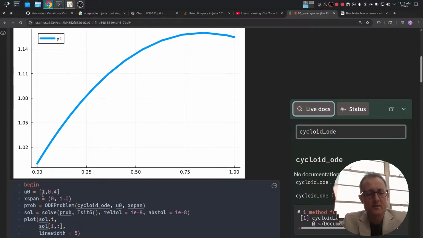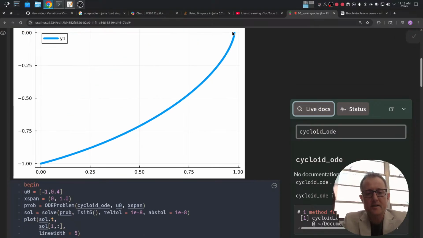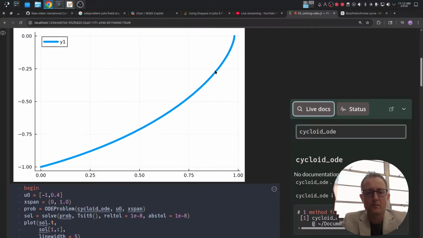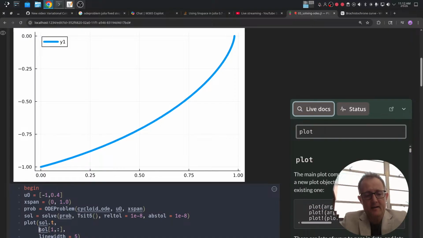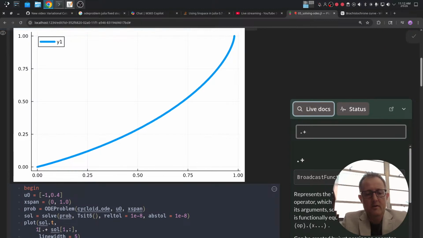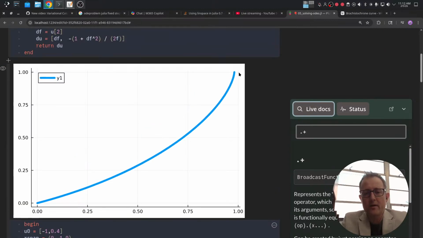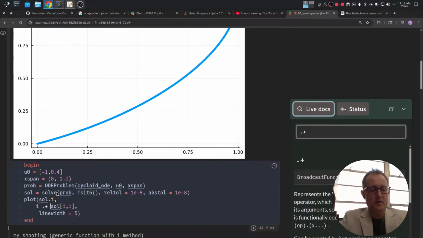So what I wanted to do was flip the whole thing. So I said, all right, start at -1, as if I'm starting up here and rolling down to -1. And if I just add 1 plus that, now it's starting at 1 and going down to 0. So it's basically doing what I wanted it to. It was just giving me a little bit of trouble along the way.